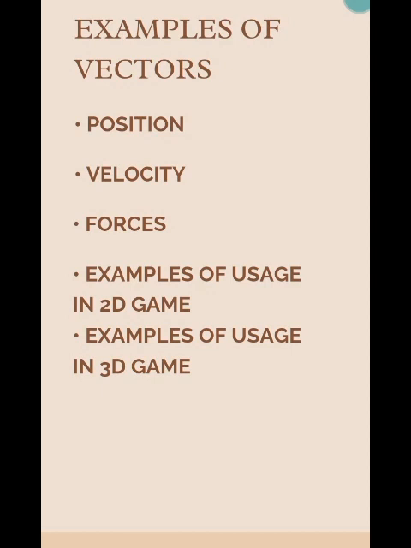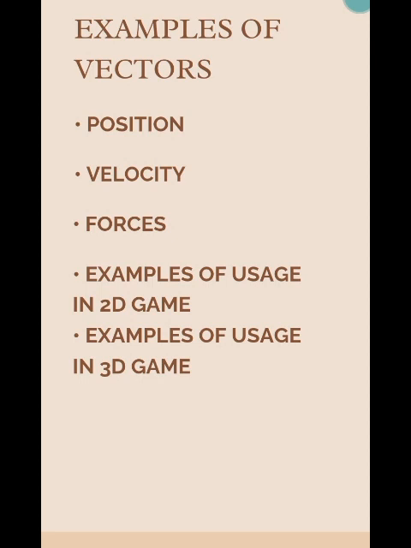So next, velocity. A vector representing the speed and direction of a moving object. For instance, the velocity of a projectile fired by the player might be represented as a 2D vector, Vx and Vy.